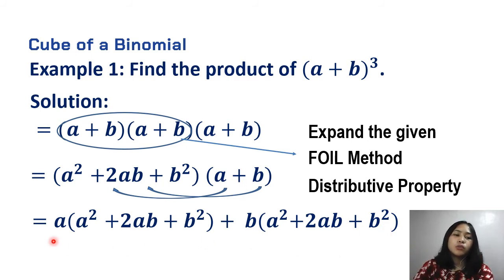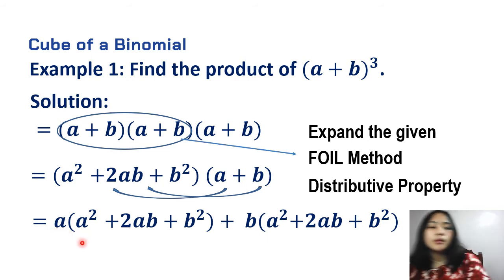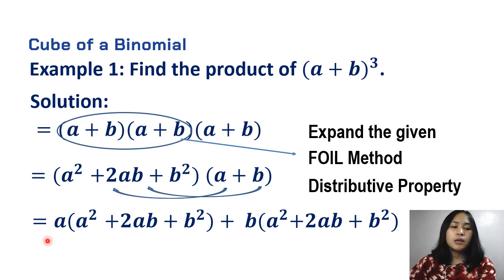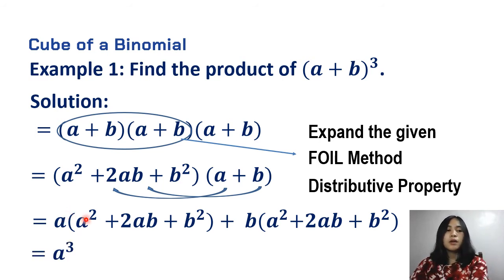Now, we have to distribute si A kay A squared. Unsa na siya? Si A times A squared, di ba? You can still remember, si A, ang exponent niya is 1. And pag we're going to use multiplication, ang exponent, always nato siya i-add. So, 1 plus 2, the answer is 3.